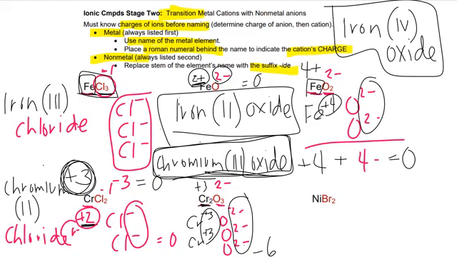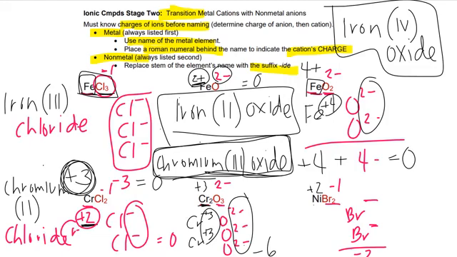Okay, so then we have nickel and bromine. Again, looking at the periodic table, bromine is always a -1 charge, and I have 2 of them. So if I have Br minus and Br minus, I have a total negative charge of -2, which means I need a total positive charge of +2.